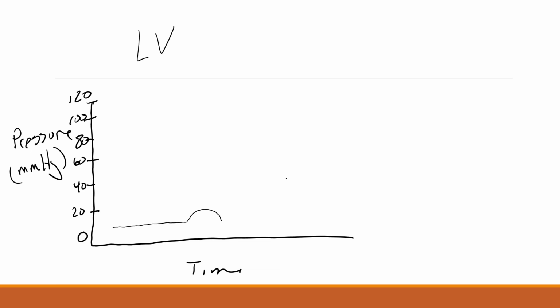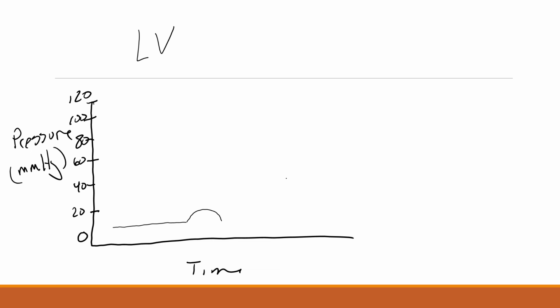And that little increase in pressure there that you see actually coincides with the atrial systole. Because if you recall, at the very end of ventricular diastole, when it's about to start contracting, the atria actually contracts and ejects that last bit of blood into its chamber, and that contractile force where it ejects another 20% of blood into the ventricle causes a little increase in pressure. All right, but it's a transient increase in pressure.